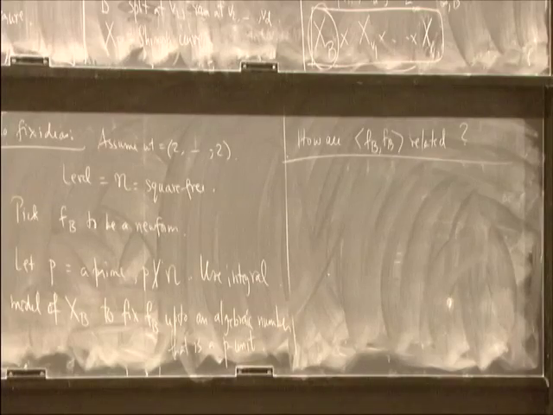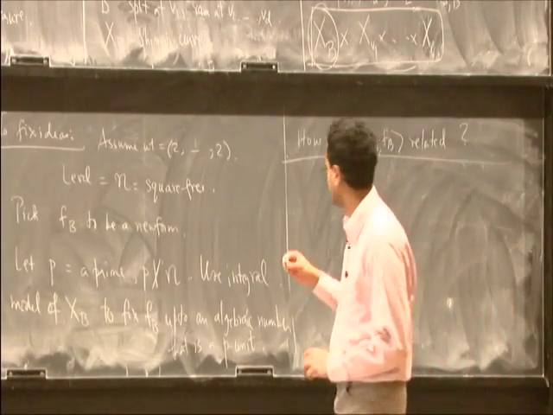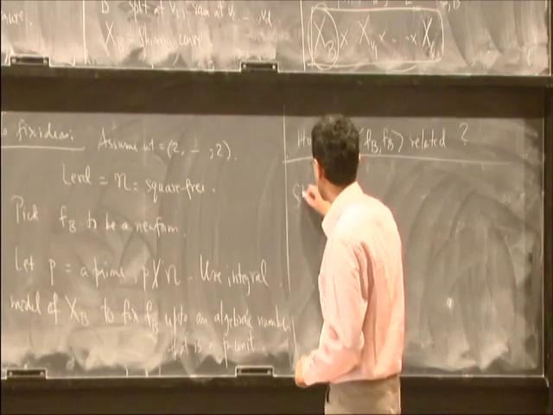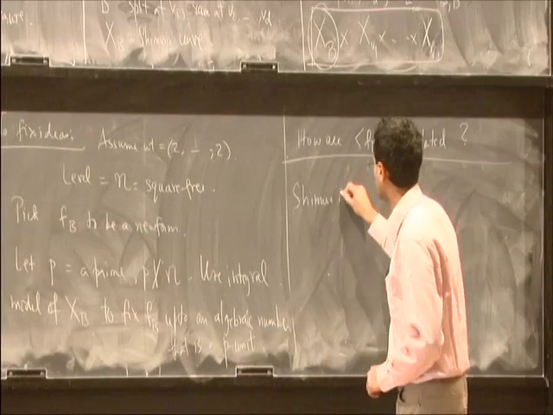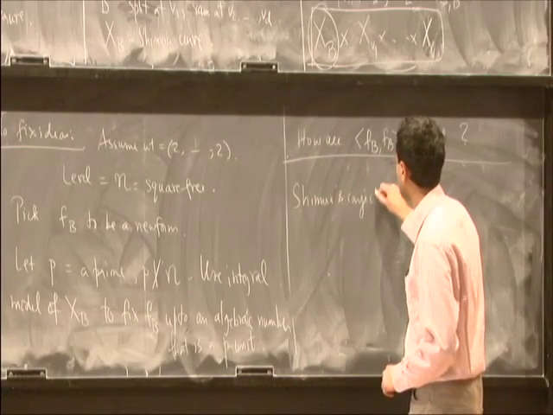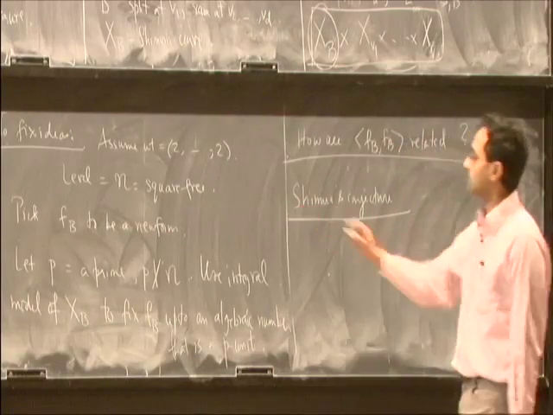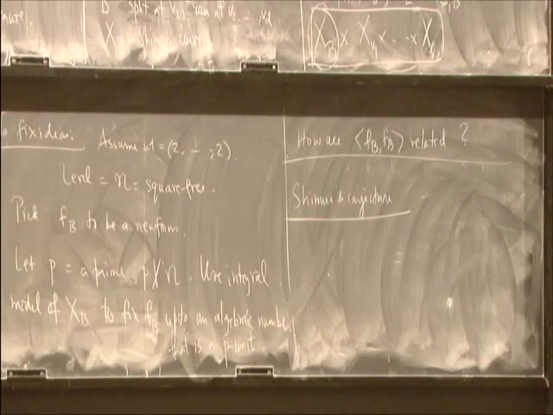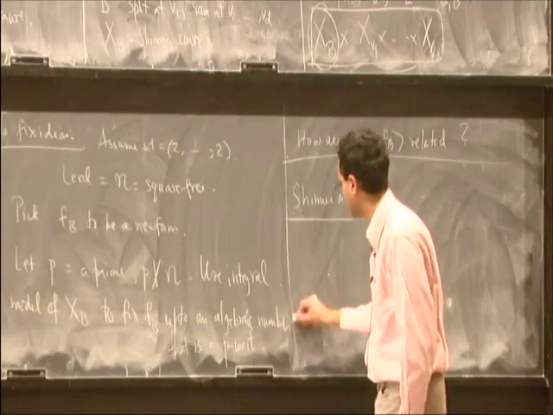So Shimura was the first person to study this question, and I'm going to explain Shimura's conjecture. In the early 80s, Shimura made a conjecture which essentially follows from the Tate conjecture. The conjecture is the following.